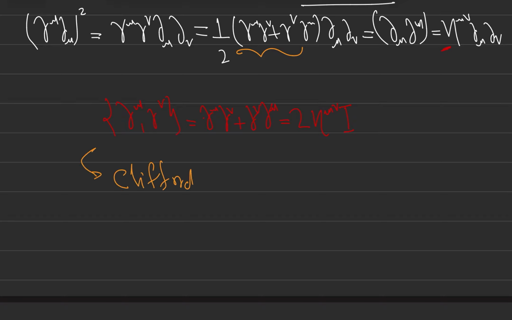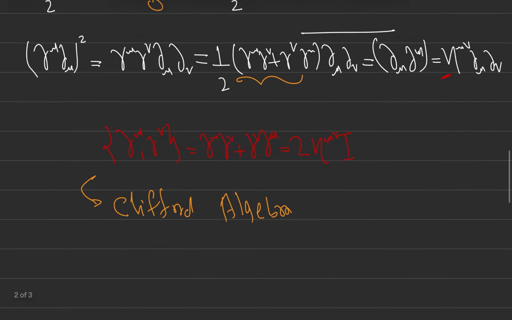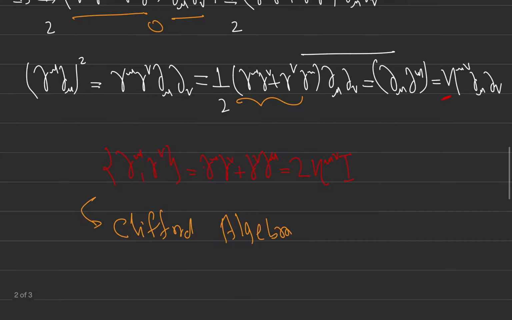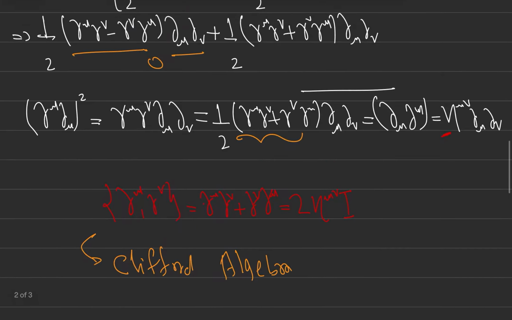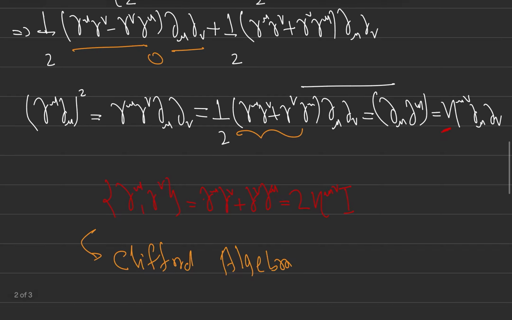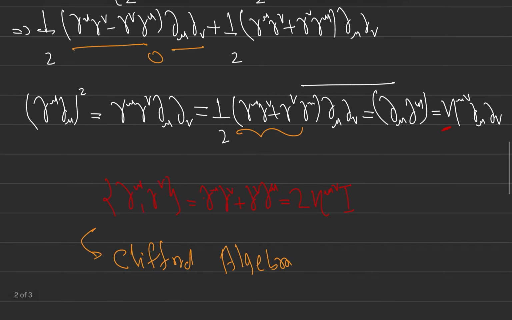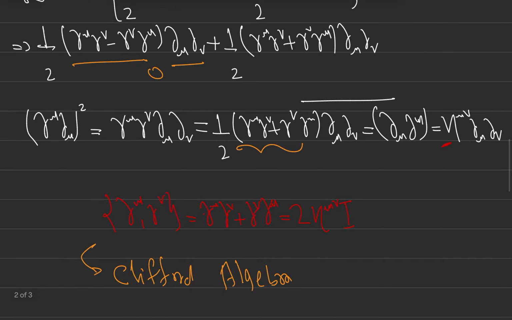So these are the properties, or this is the commutation relation, that our matrices must have in order to allow us to take the square root of the operator, which was our original goal. Okay, so just keep this in mind.